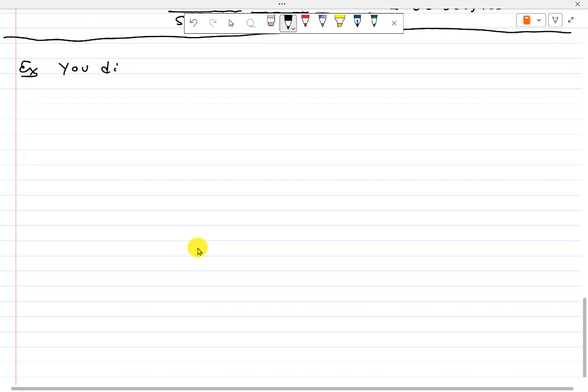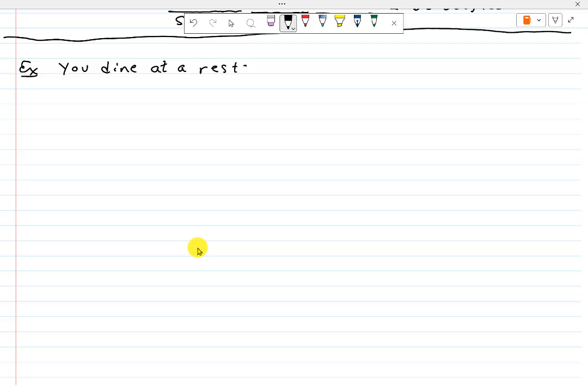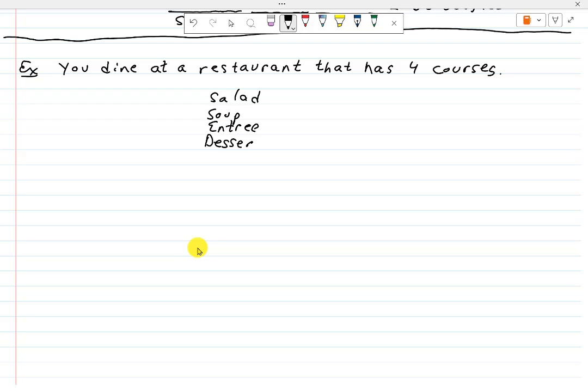You dine at a restaurant that has 4 courses. Let's see, we have a salad, soup, an entree, and then dessert. And let's say if you look at the salads, we have 5 to choose from.